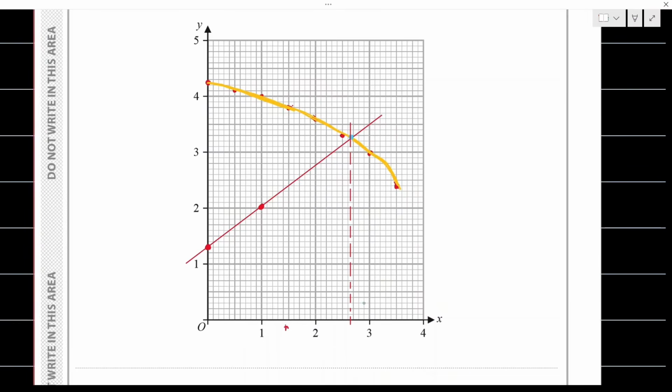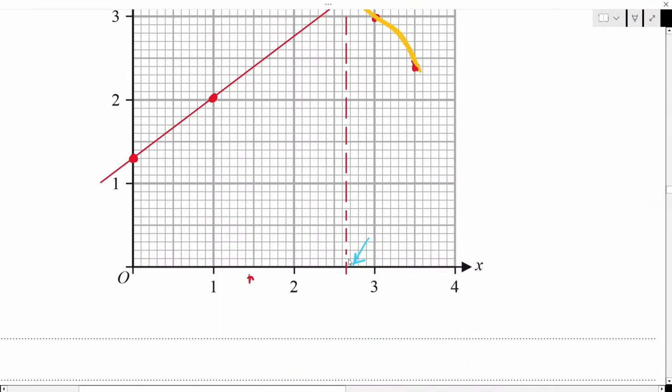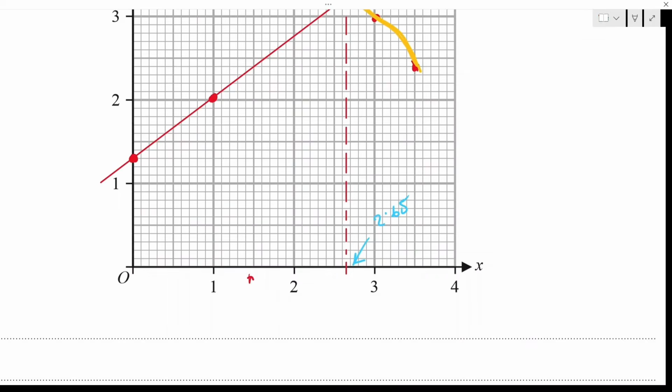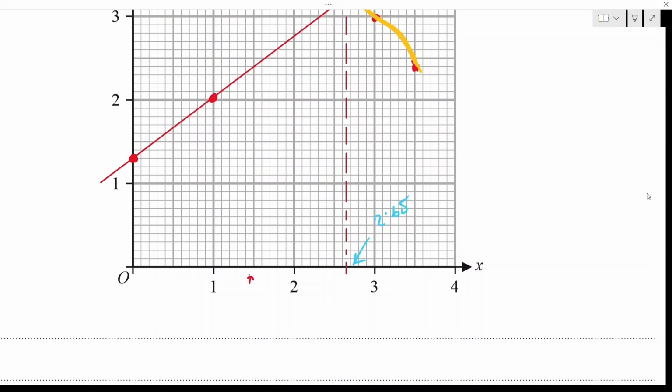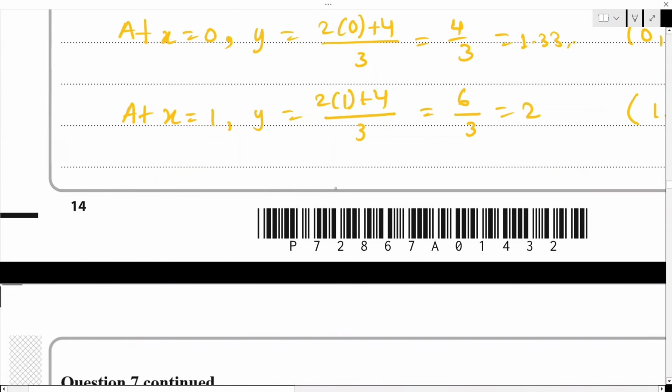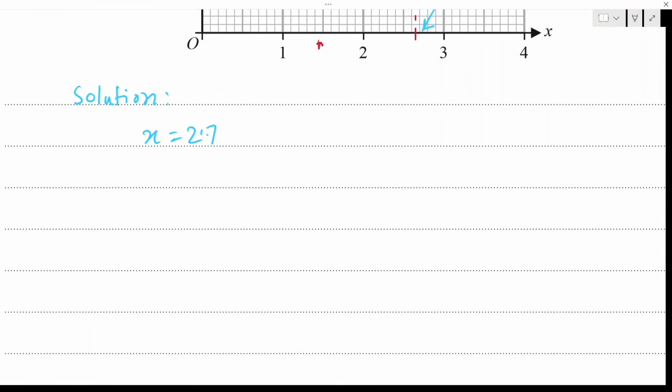If we read from our axis, we can see that the x coordinate of the intersection point is 2.65. So we can write that our solution is x equals 2.7.